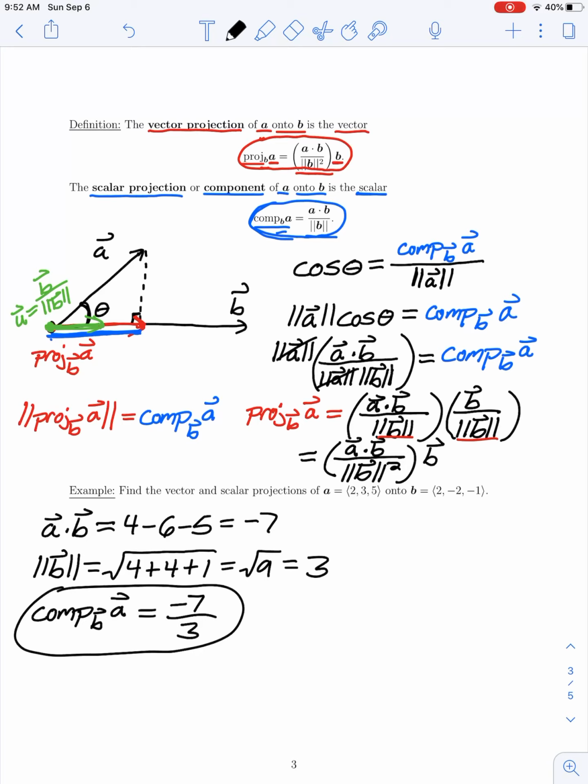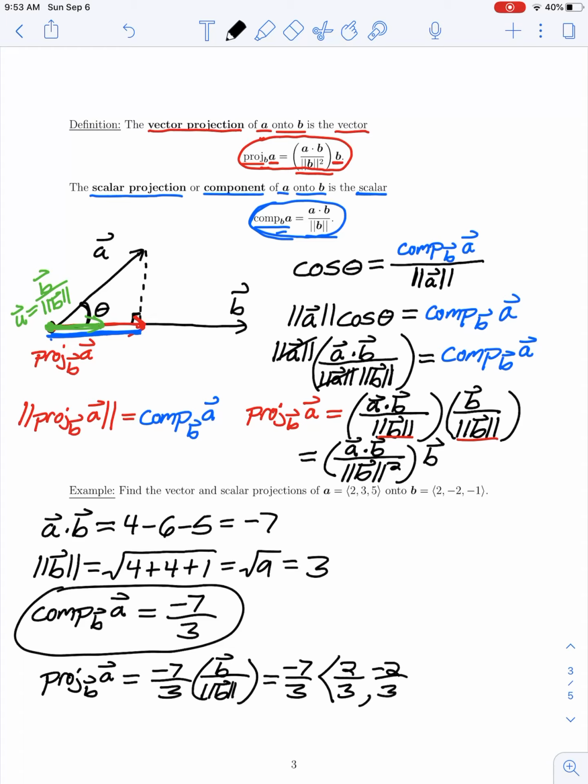And the vector projection of A onto the vector B is calculated as the component of A onto B, that is -7/3, times a unit vector in the direction of B, that is B over the magnitude of B. So we have -7/3 times the vector, B divided by magnitude of B would give us a first component of 2 dividing by the magnitude, which was 3, a negative 2 dividing by the magnitude of B, which was 3, and our third component was negative 1.